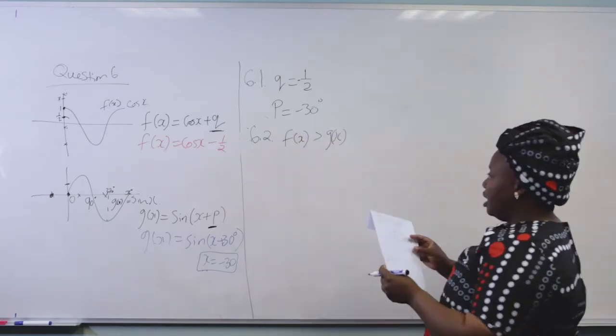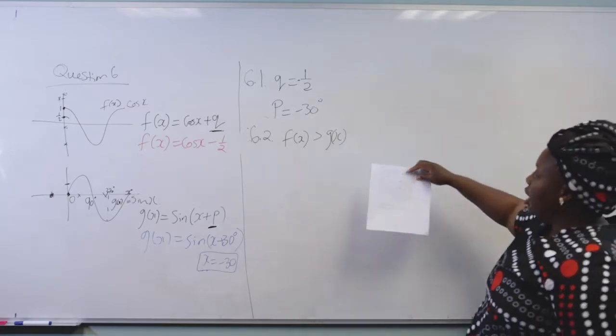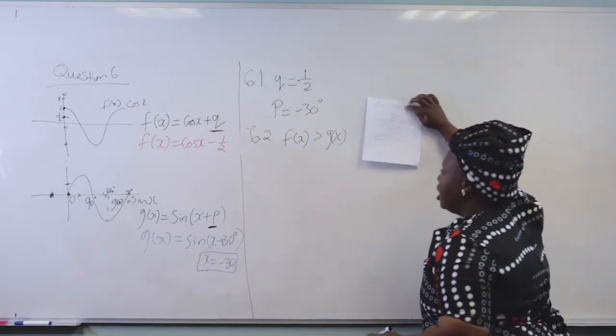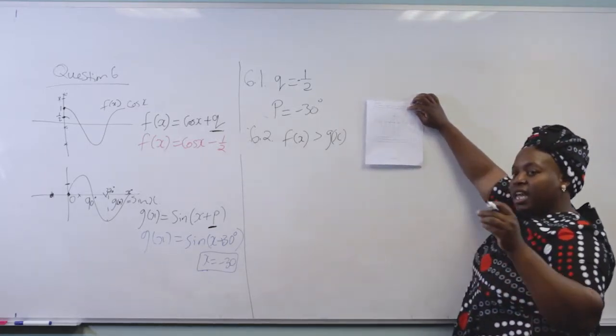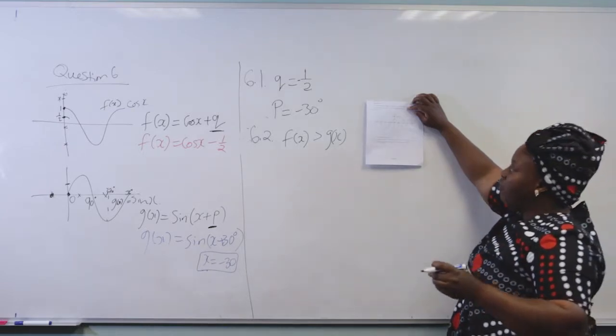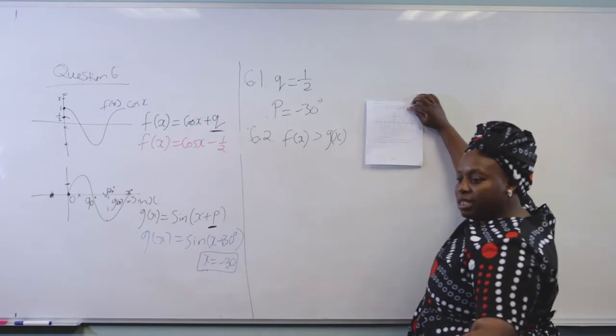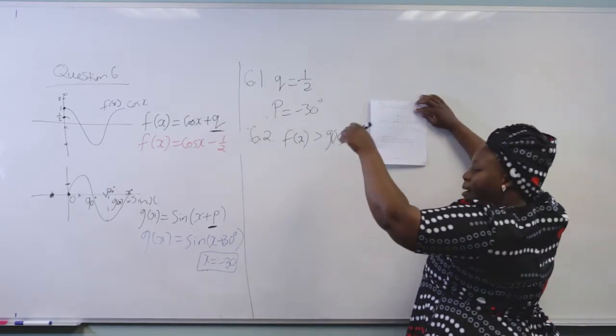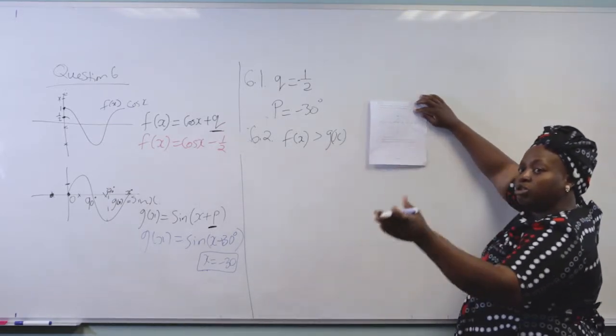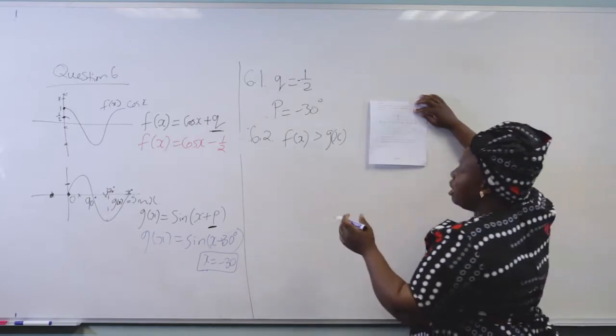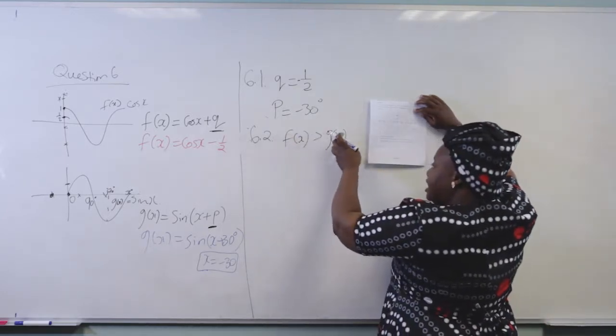I kind of like these questions, but they are not giving what people are expecting. What does this mean? If you look at your graph as it is, where will you find the f of x graph on top of the g of x graph? That's what the symbol means. The greater than means above, so in this case it means on top of the other graph. So where am I going to get this one greater than this one?